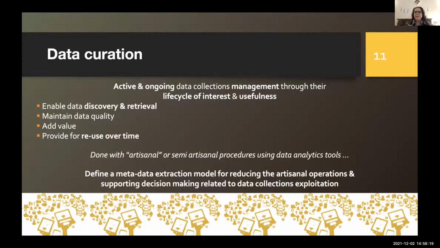The key here is that all the extra information that is produced during these experiments has to be collected and has to enrich the raw data collection, so that the next ones that will use the data will have information about the conditions of this data. And this iterative process will be called curation, okay?